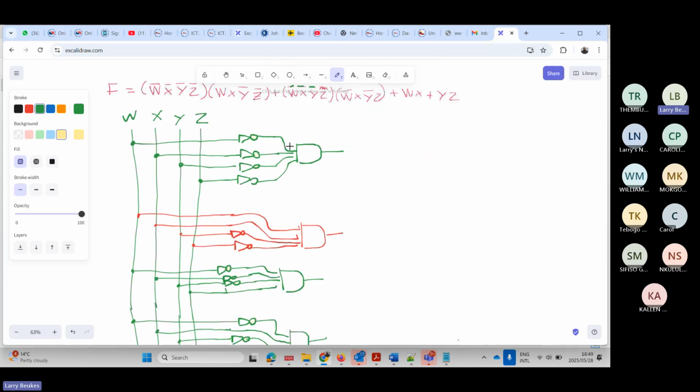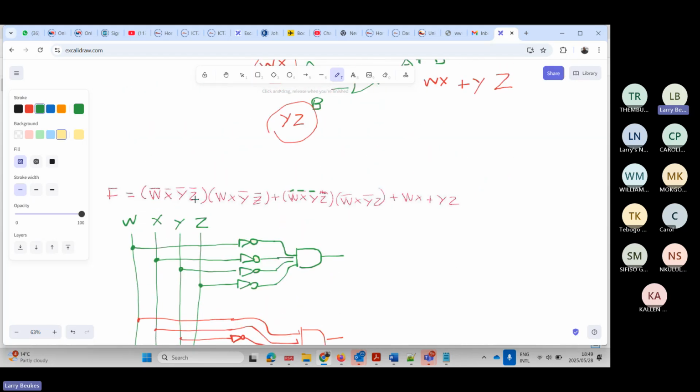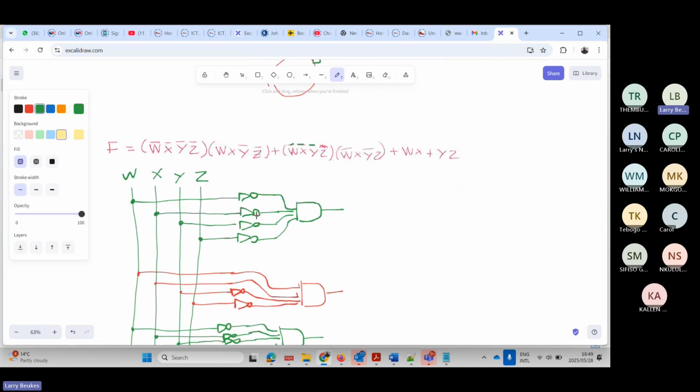Which is this whole gate here. That's your first input. Then this is your second input, right? Which is this gate. So these are A and B, for example, A and B into an AND gate, right? So the one that multiplies, the one that uses brackets, is an AND gate. So we take this 2, put it into an AND gate, 2 input AND gate.